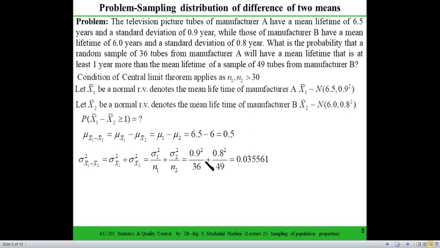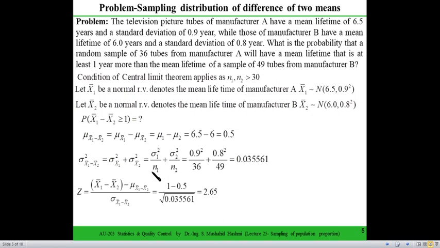Because these are different numbers. And you know why I have divided by n1? Because we are not dealing with a random variable, we are dealing with the sample mean actually. For a sample mean, we always have a formula for variance from the sampling distribution: the variance divided by the sample size.